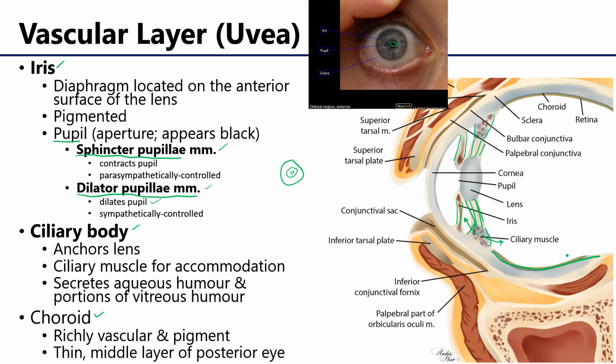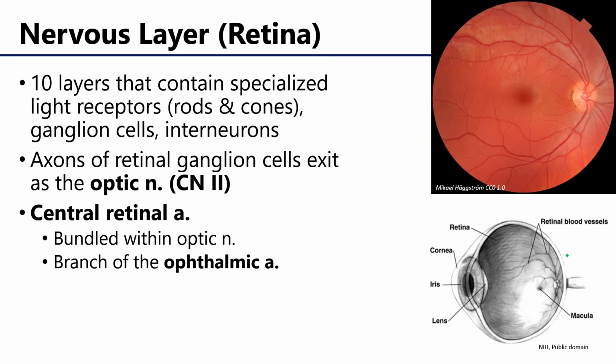As we move more posteriorly, that vascular layer tends to thin out, and that leaves the deepest part of the wall of the eye, the nervous layer or the retina.